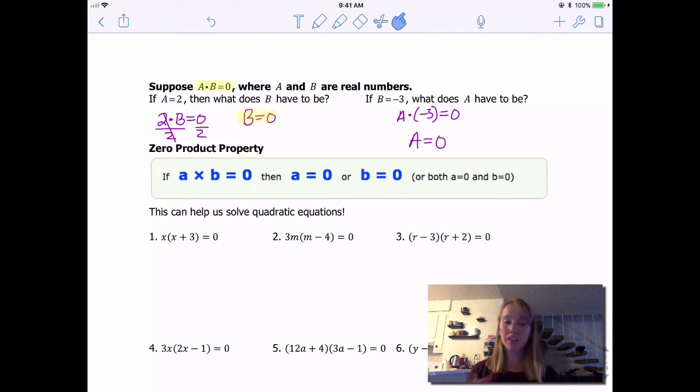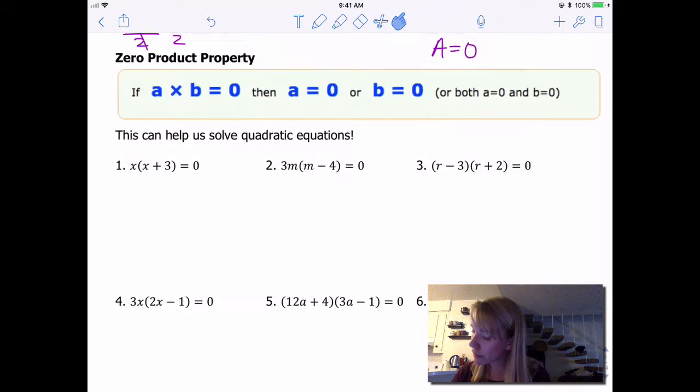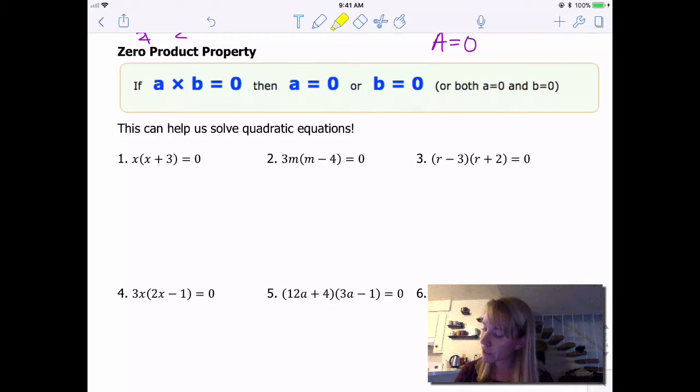And that's really what's at the heart of the zero product property. If you have two numbers and their product equals 0, then either A equals 0 or B equals 0, or really both, because 0 times 0 is just 0. So the zero product property, in so many words, says if A times B equals 0, then A equals 0, or B equals 0, or both.